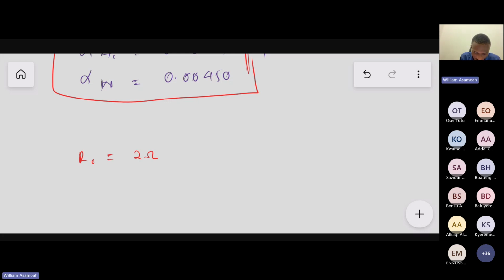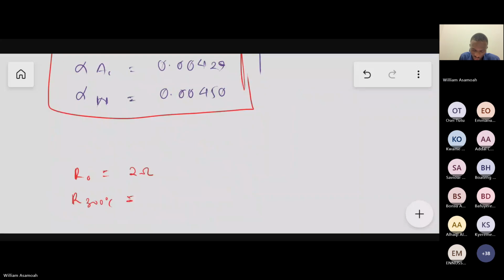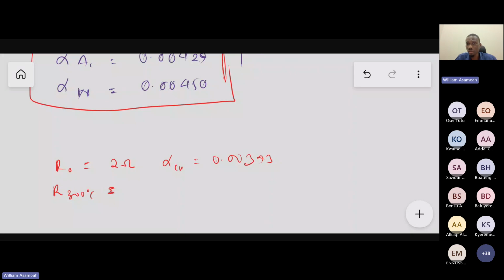We want to find the resistance of that resistor at 300 degrees Celsius. What will it be? Can you try your hands on it? If alpha Cu is equal to 0.00393, can you use 1 minute to solve it for me? What will be the resistance at 300?